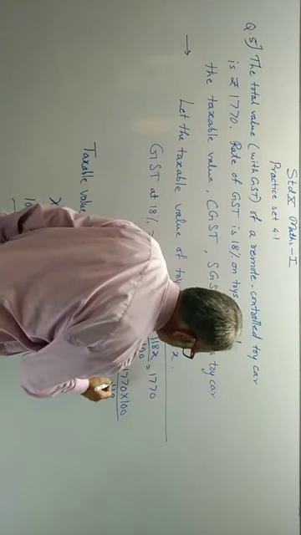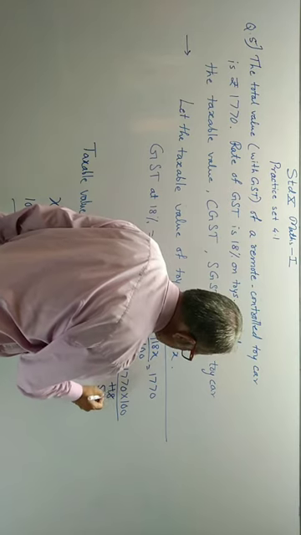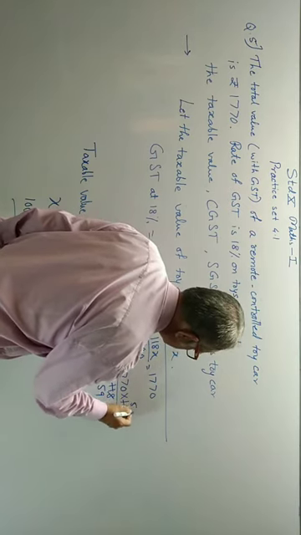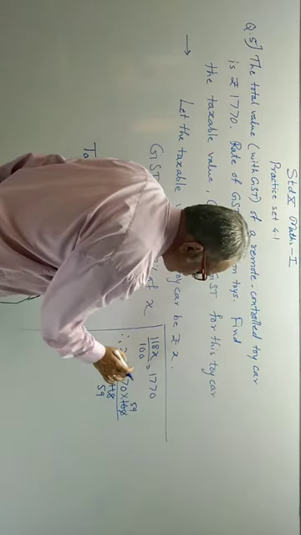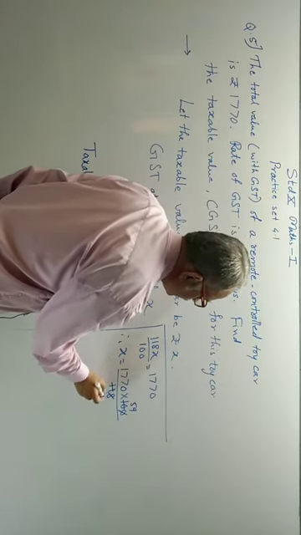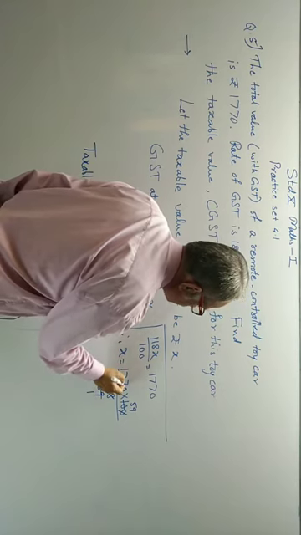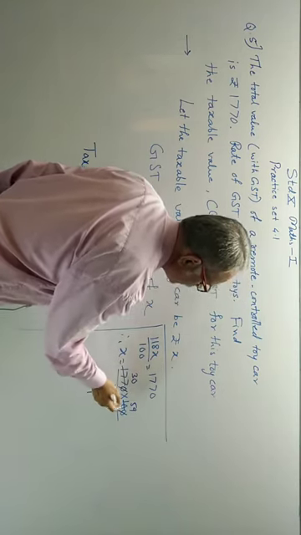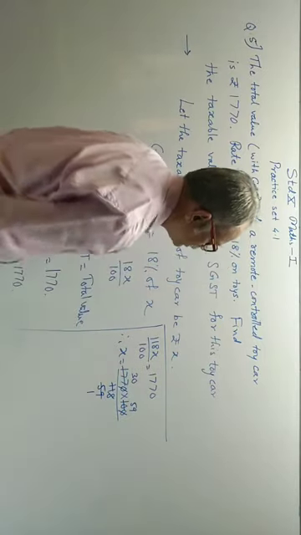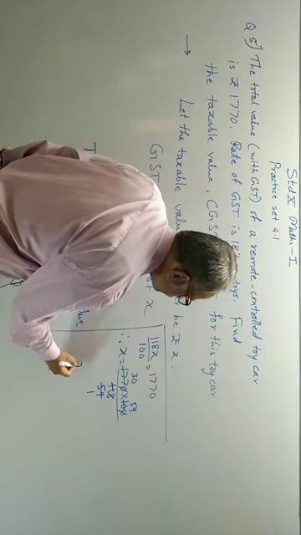First cancel by 2. 2 5s are 10, 2 9s are 18. Then 6 3s are 180, 59 3s are 3 less than 180, that is 177. Otherwise you have to do it in rough, 59 into 3. So what is x value?